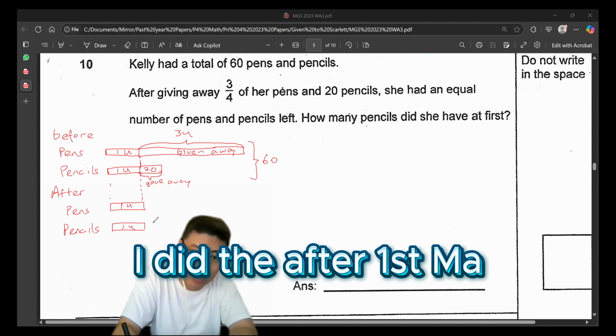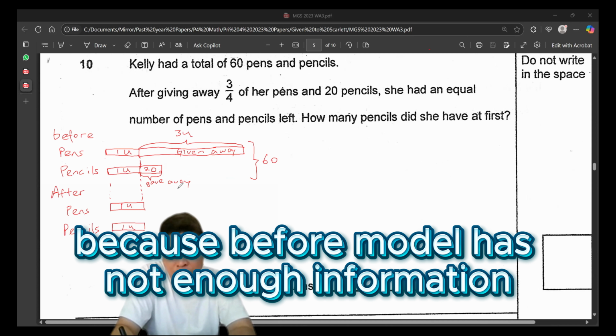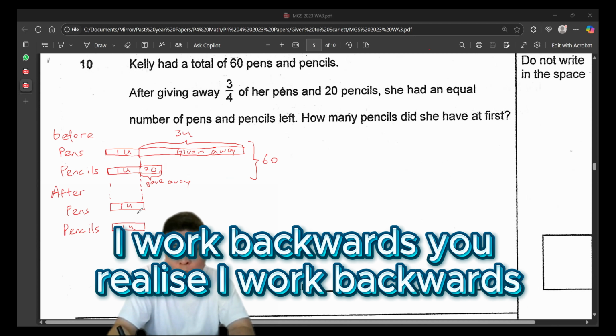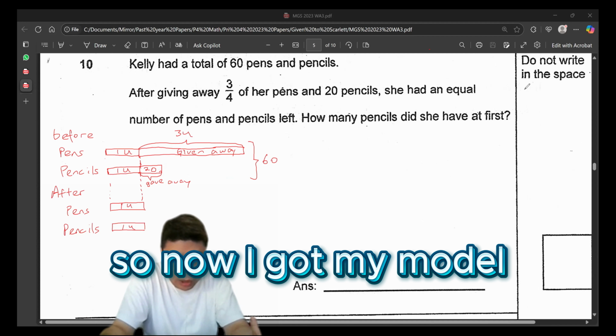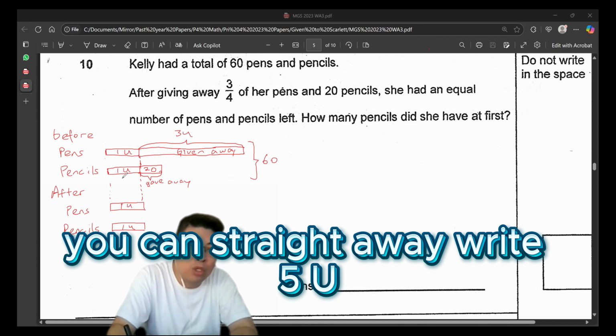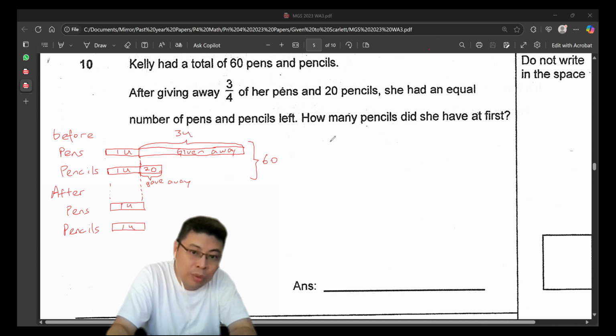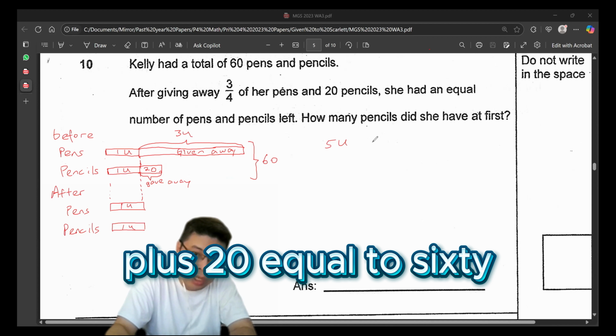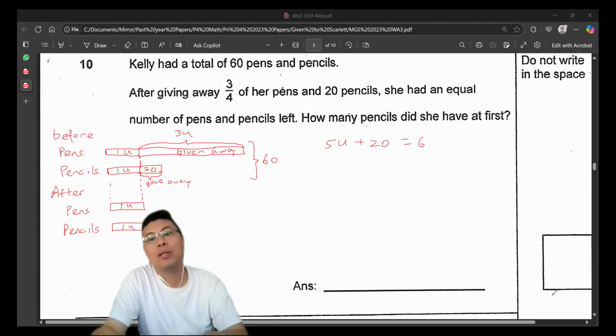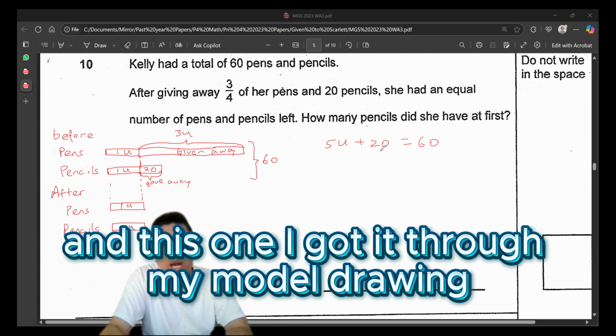I did the after first because the before model has not enough information. I work backwards, you realize? So now I got my model. You can straight away write 5u plus 20 equal to 60. And this one I got through my model drawing.